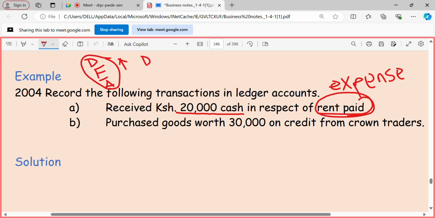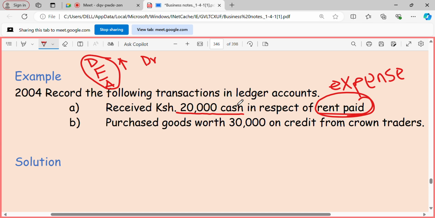Sasa unajua ukisoma hii kitu lazima uangalie unaweza represent mara mbili, because ledger you must always represent twice. Na hii ni rent paid. Rent paid is an expense. Hiyo ndio kitu ya kwanza inafaa ring in your mind. When you pay rent, that is an expense. Na sasa rent was paid, so that expense will increase.